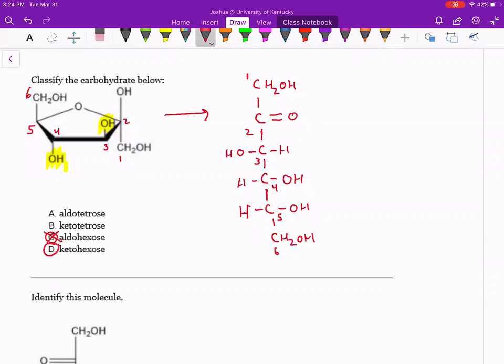And the reason that I know that is, if we look back at carbon 2, there are 2 carbons. So it's a ketose, a ketohexose.